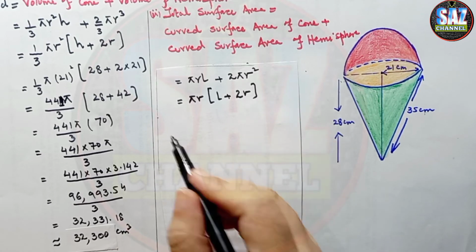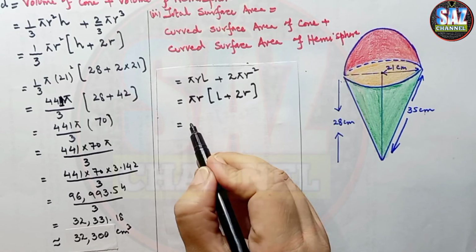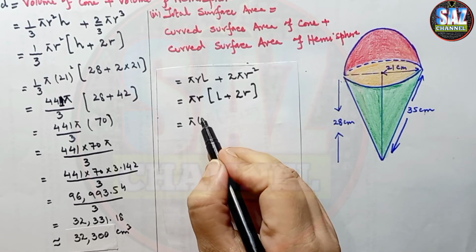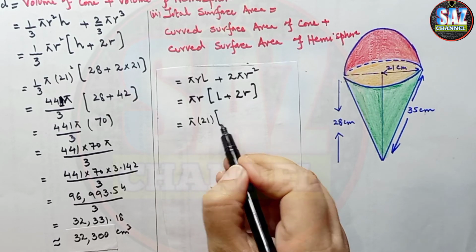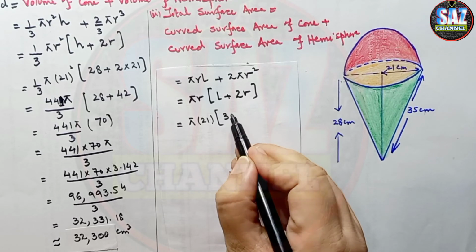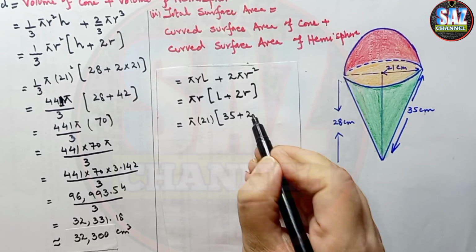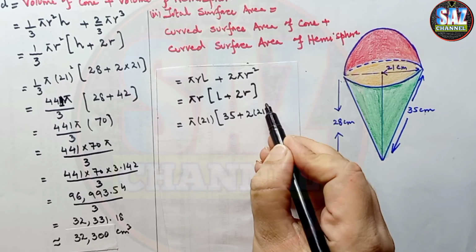Now it's the time to replace the values. Okay, pi r, radius is 21, slant height is 35 plus 2 into 21.